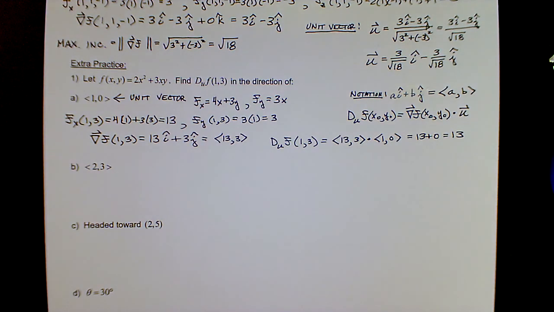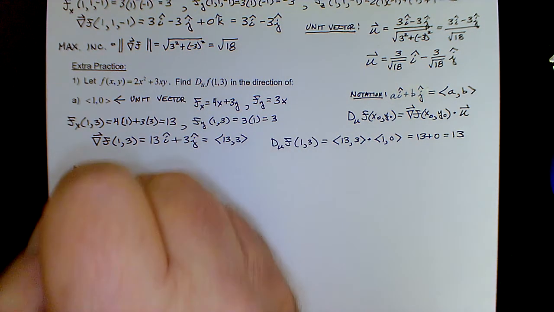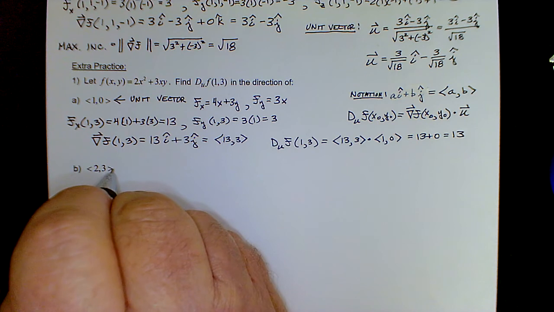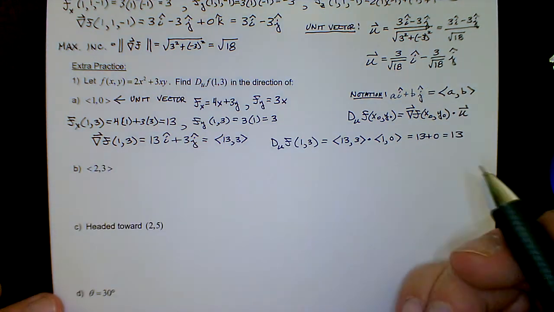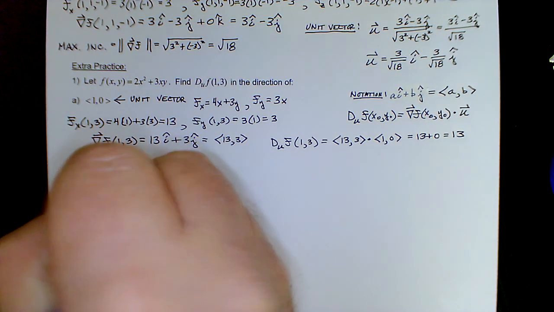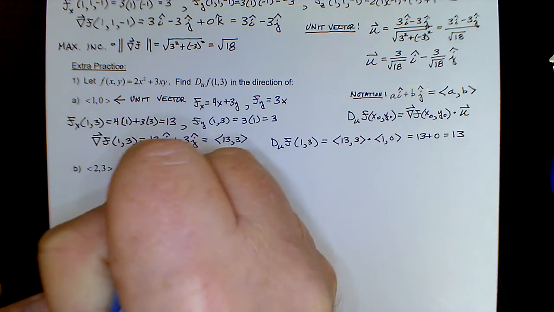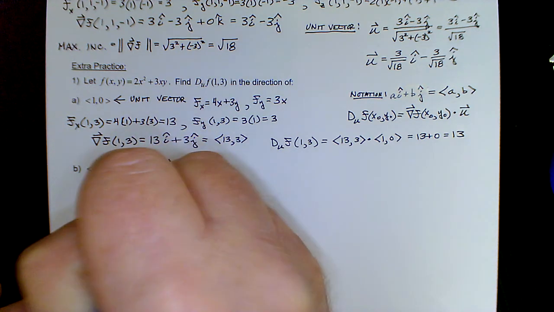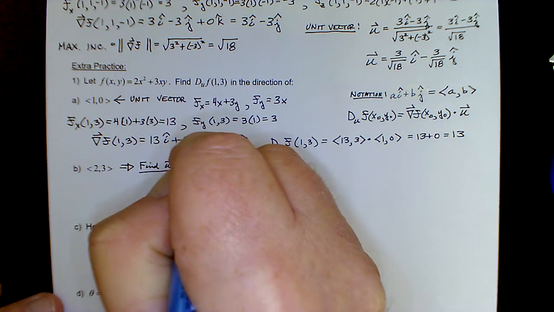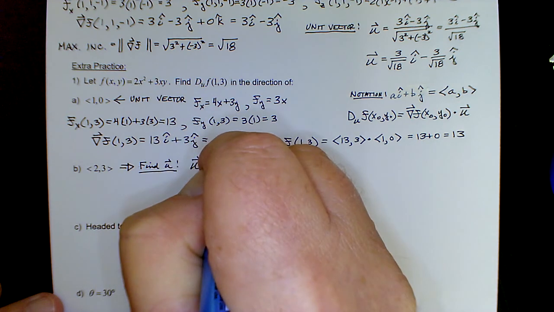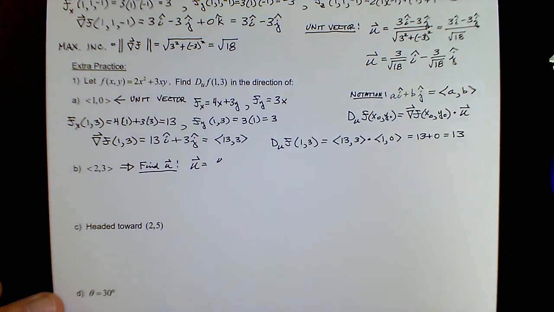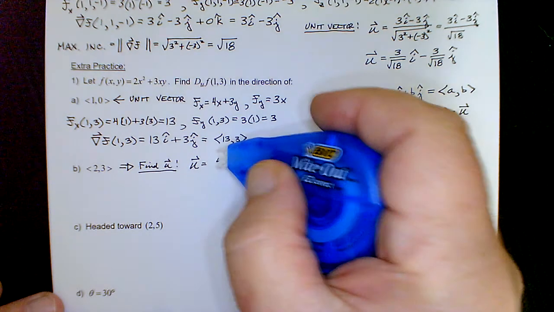Okay, so the problem with this one is we're going to pretty much do the same thing, but we're first going to find out what the unit vector is. So the unit vector, recall, is the given vector over its magnitude. So I'll say <2, 3>.